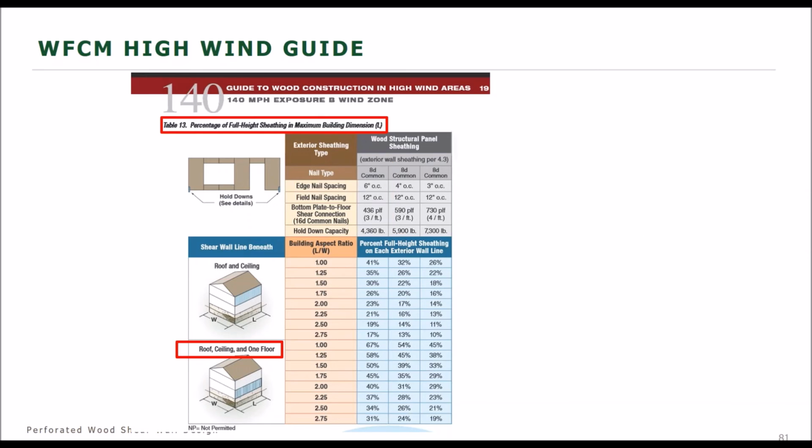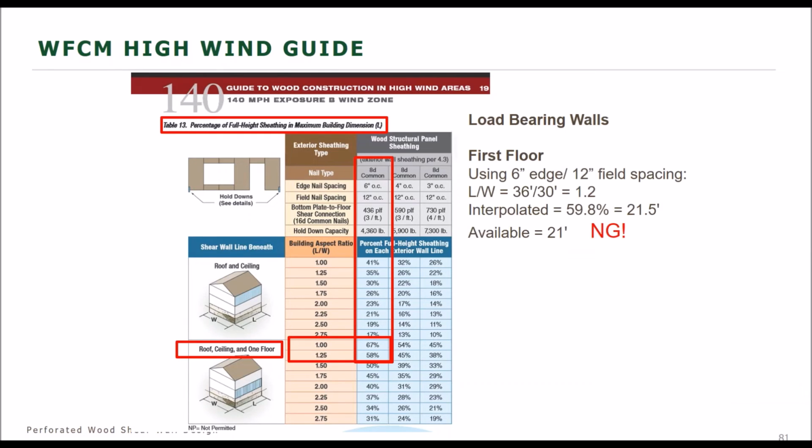Very straightforward. Now let's go ahead and do the first floor design. So our aspect ratio is again 1.2. If we interpolate, we see that we need 59.8% of full height sheathing using this 6-inch edge spacing and 12-inch field spacing. That is going to equal 21.5 feet of full height sheathing, which is in excess of the 21 feet that we've provided.